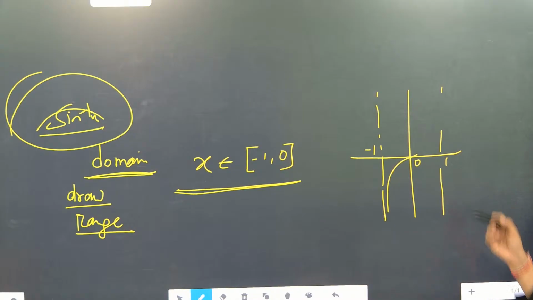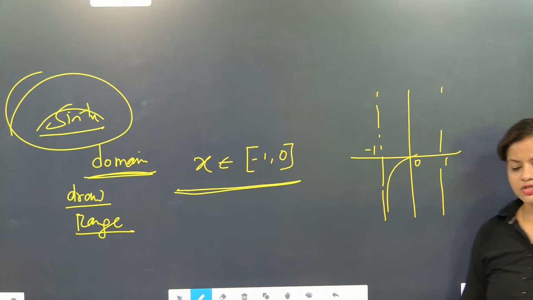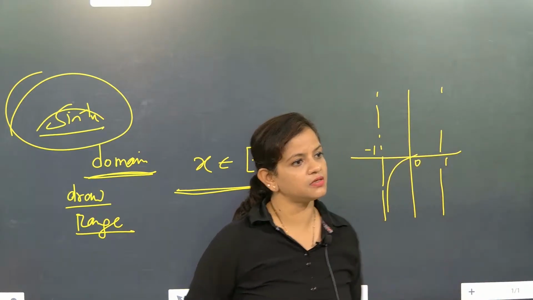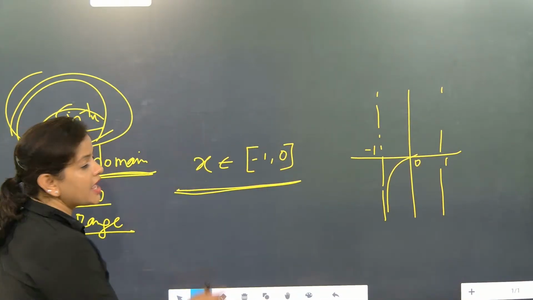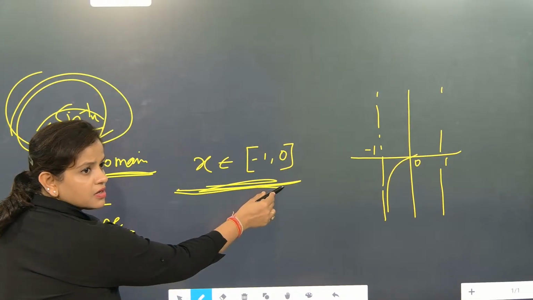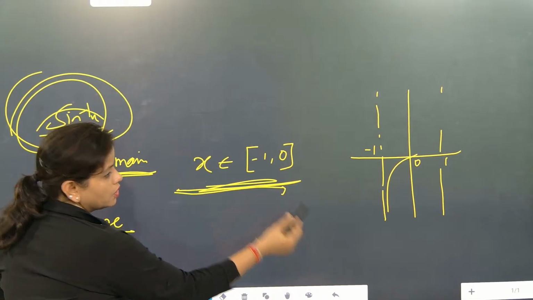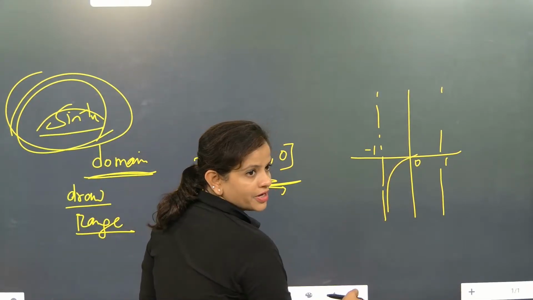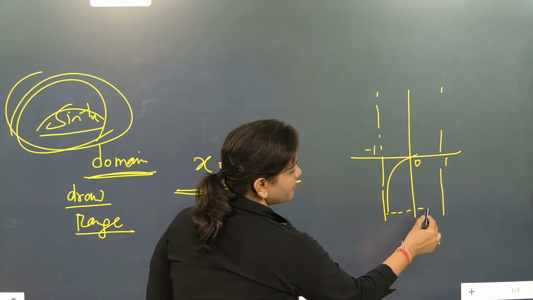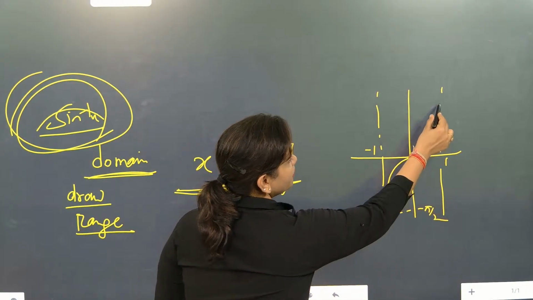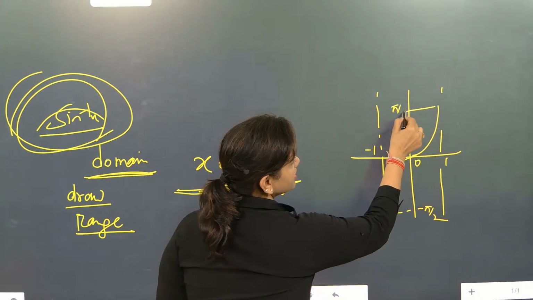Just now we drew this for sine inverse x. They are asking for sine inverse x. And what is the domain given? -1 to 0. So here what is the value? This axis is coming as minus pi by 2, and if we are drawing there, it is coming as pi by 2.